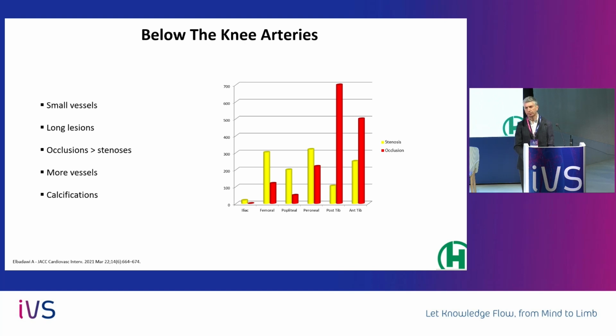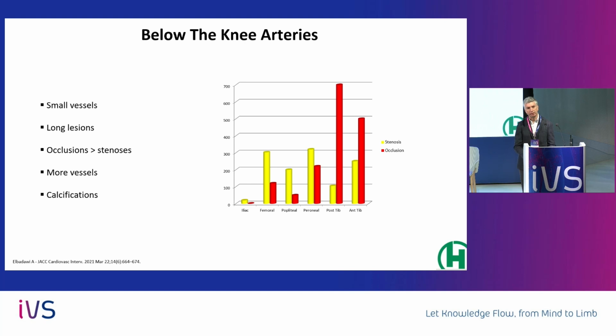I think also in your practice it's very rare to find a focal stenosis in the tibial. Generally, we have a long CTO, and more than one vessel is involved. In the majority of cases, we also have multi-level disease. So there is not only a problem below the knee, but also in the FEM-POP segment or above in the iliacs.